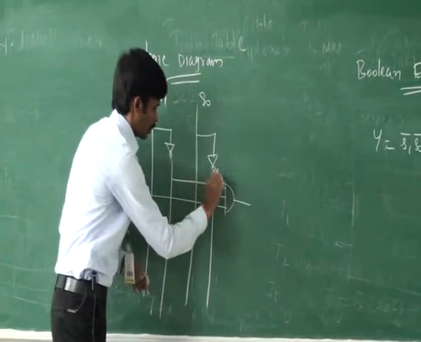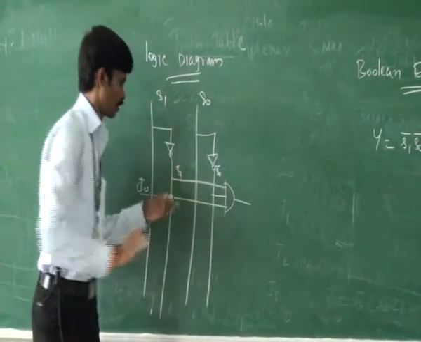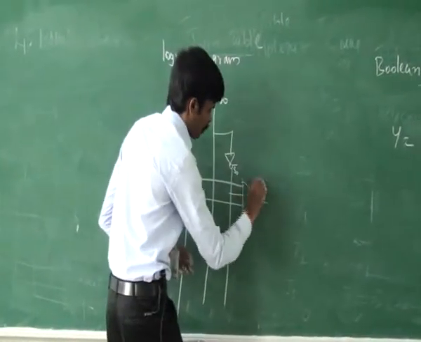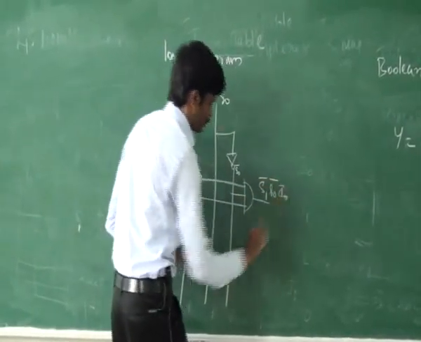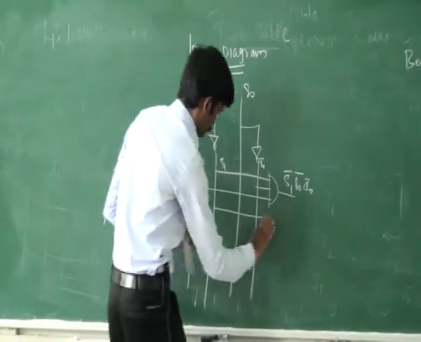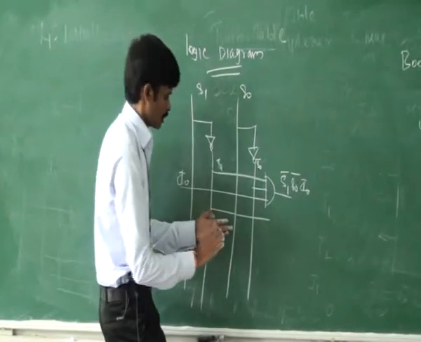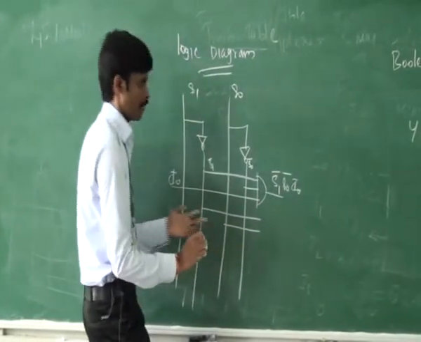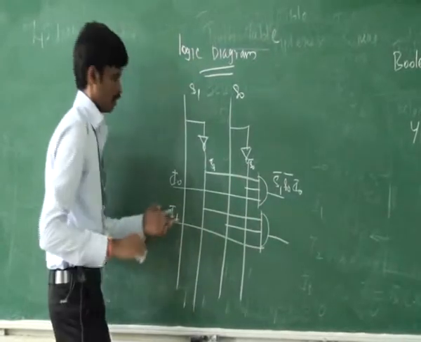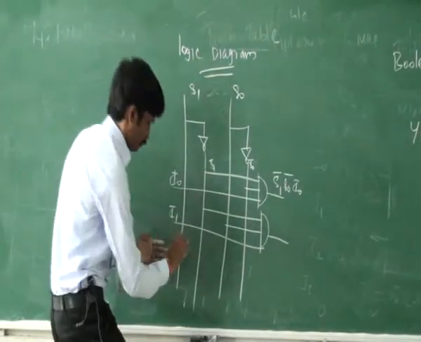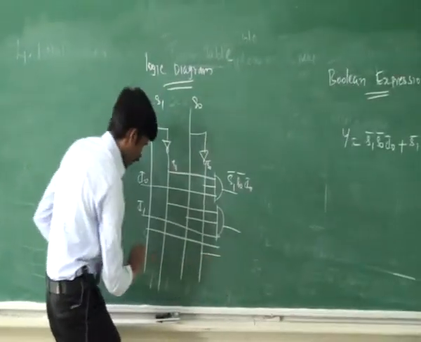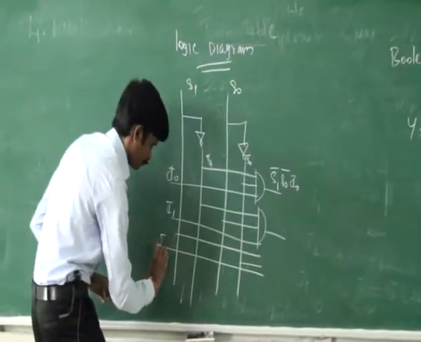Here S0 bar, S1 bar are ANDed with I0 to get S1 bar, S0 bar, I0. Then similarly we can draw S1 bar, S0 ANDed with I1. Then S1, S0 bar are ANDed with I2.